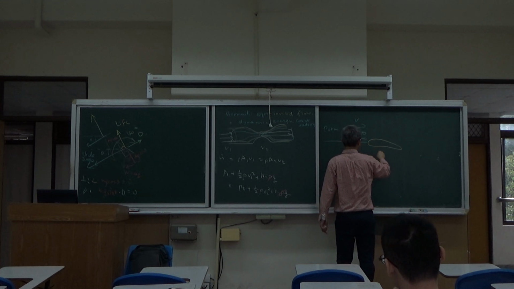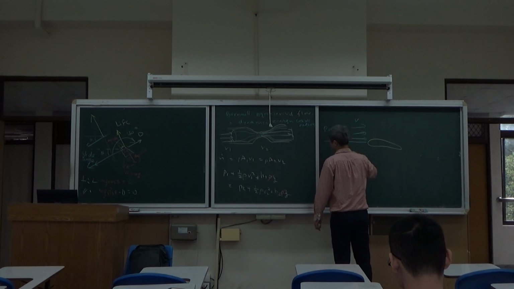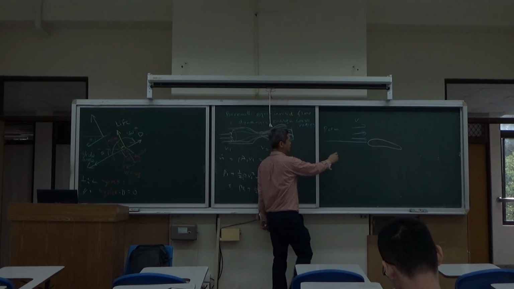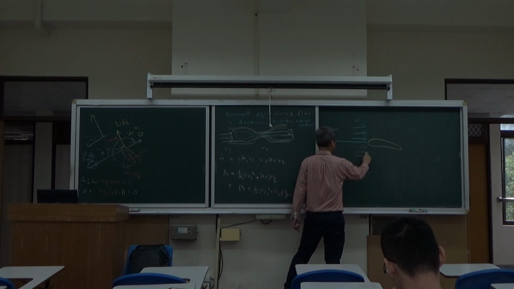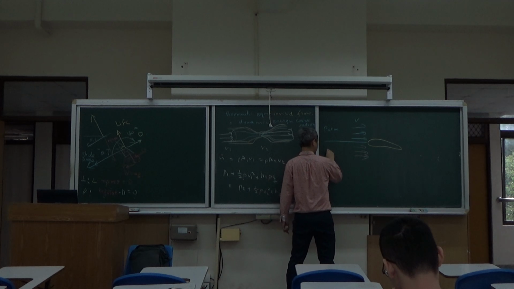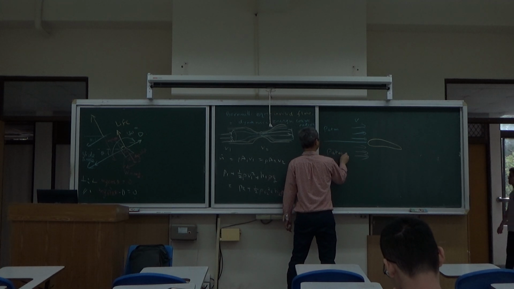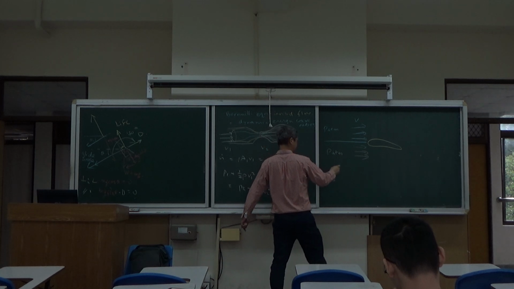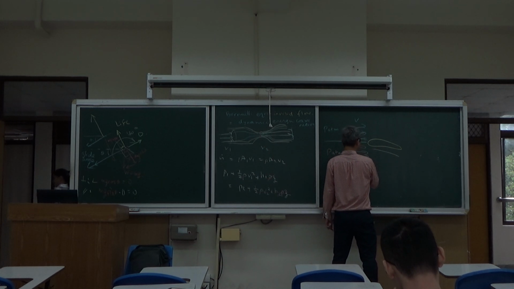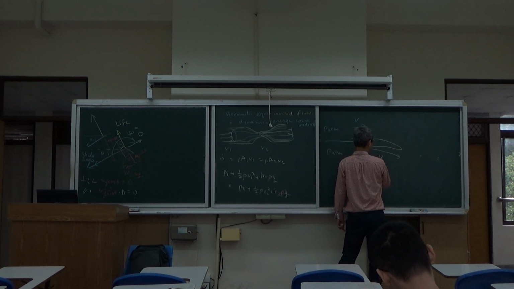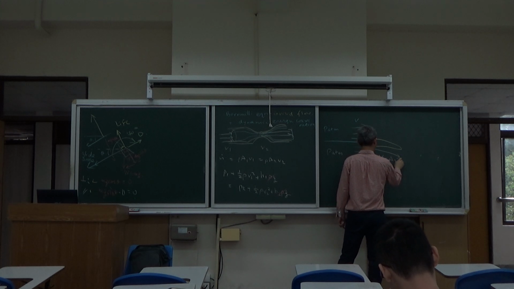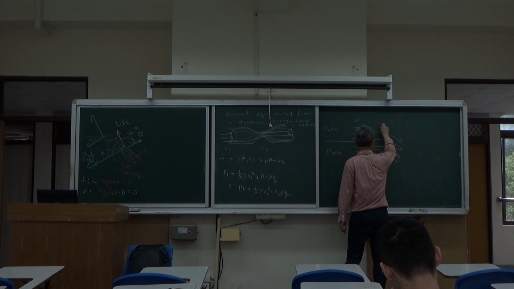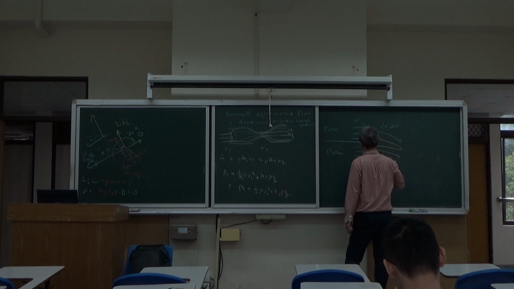And then over here it also comes from far away with the speed v. Then the speed will be reduced when going down, and the speed will gain when going up.